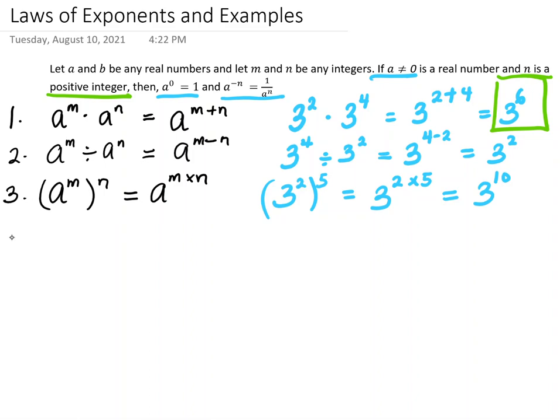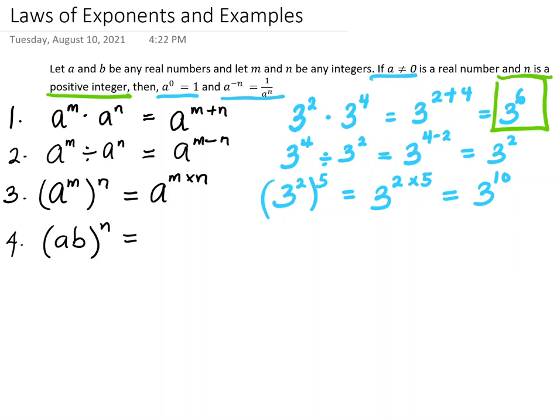The fourth rule of exponents says that, suppose we have A times B, everything raised to the power of N. Look at this: we have A multiplied by B, different bases.